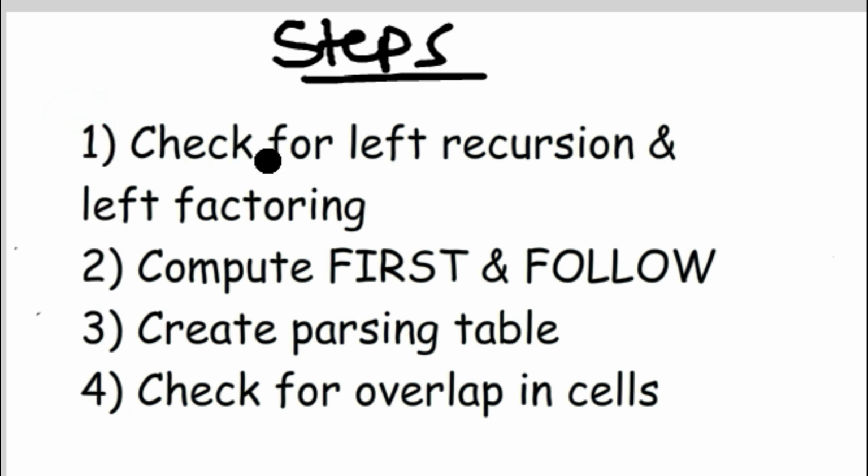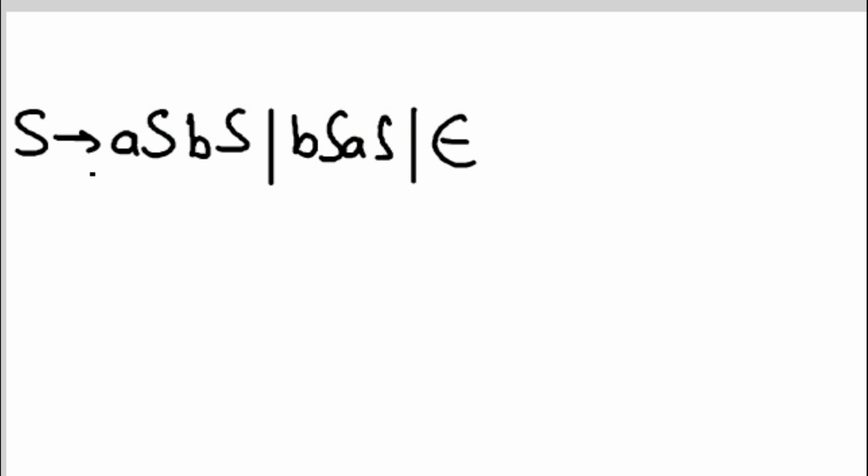The first step is actually to check for left recursion and left factoring. Is there left recursion? There is no left recursion, because if this starts with capital S, then there is left recursion. But there is none, so no left recursion. Is there left factoring?